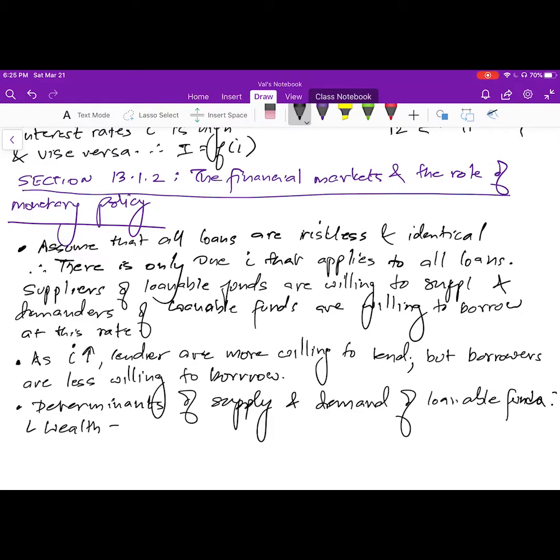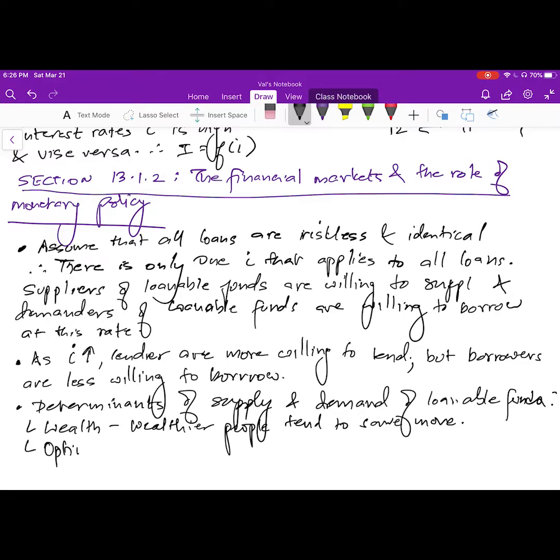Why is it a determinant? Is that a determinant of supply or demand for loanable funds? It's a determinant for supply of loanable funds. Why? Because wealthier people tend to save more, and savings are essentially the supply for loanable funds.